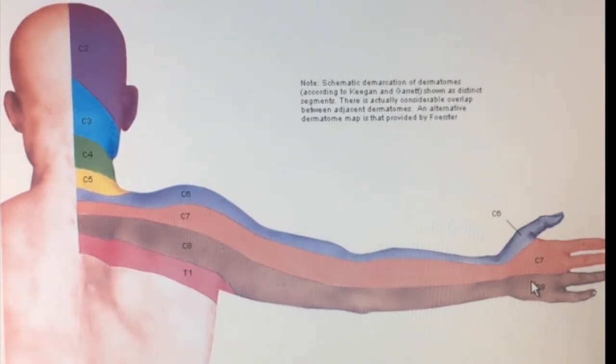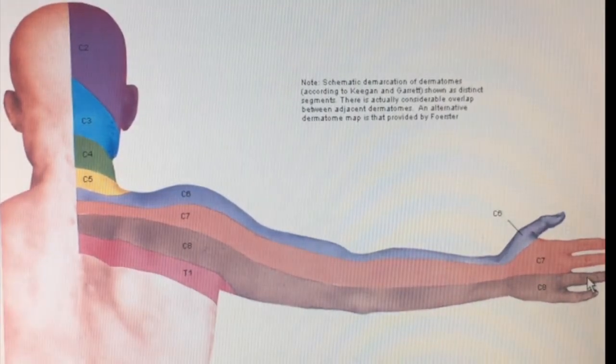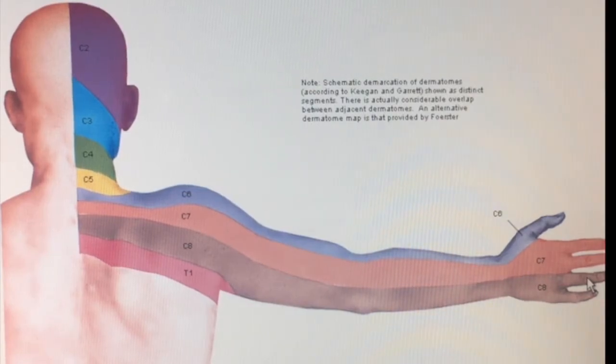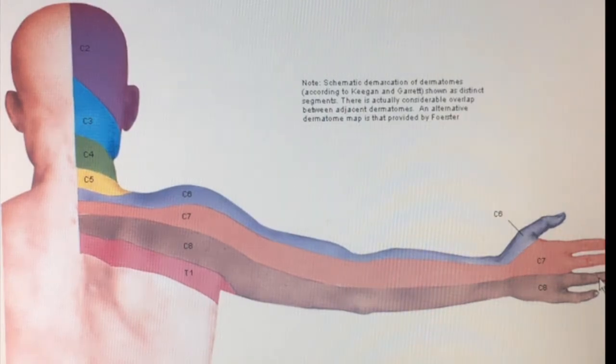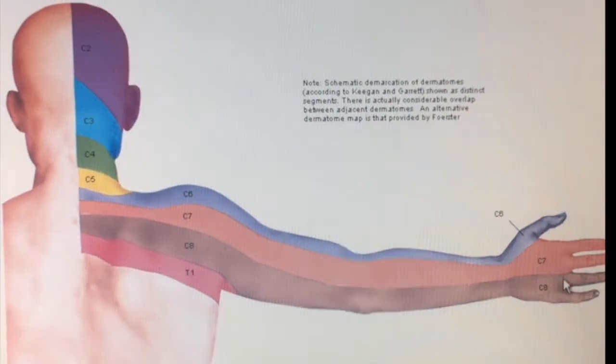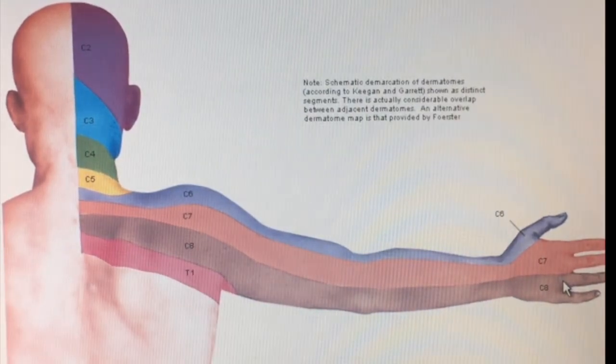And because this is the C8 dermatome, now you can ask yourself a question. How is this possible? Shouldn't the ring finger be split into medial and lateral halves? No, because both the median as well as the ulnar nerve carry C8 fibers.